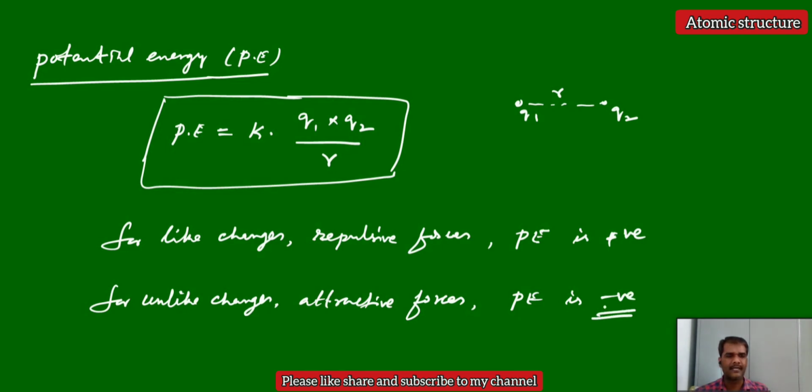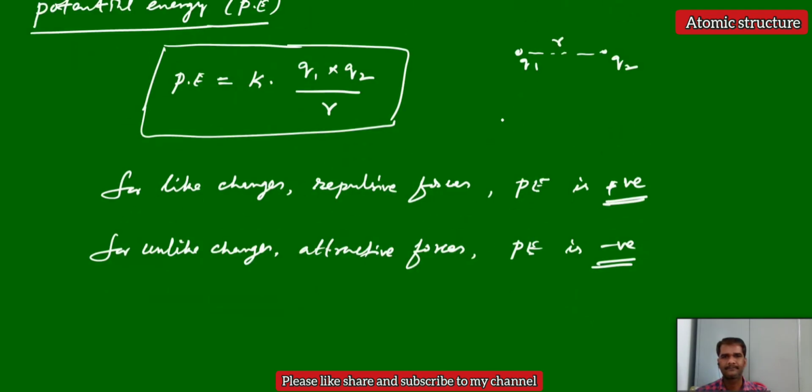This negative symbol indicates a decrease in energy, and the positive symbol indicates an increase in energy. Negative does not mean a negative value; it indicates decreasing energy, meaning attractive forces. Instead of saying attractive force every time, we can use the negative symbol, which means two charged particles with opposite signs. You should remember this formula. Next, similarly, kinetic energy.